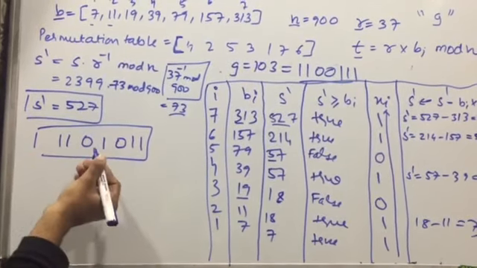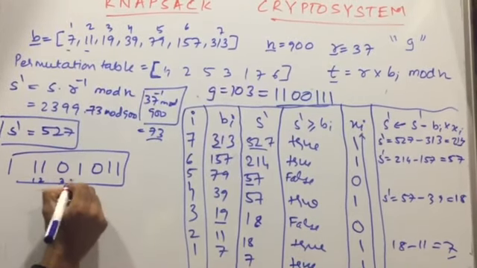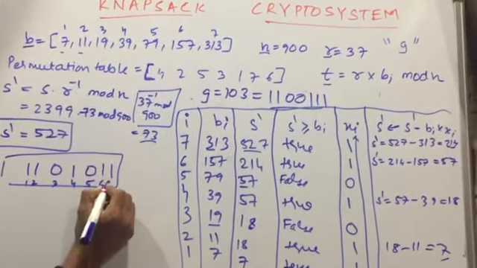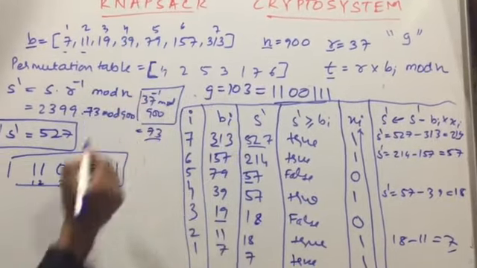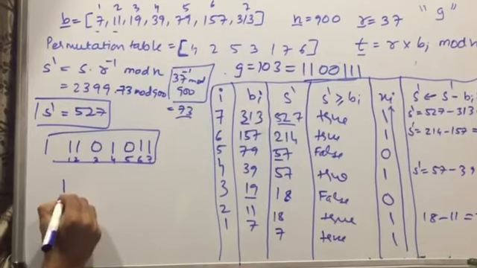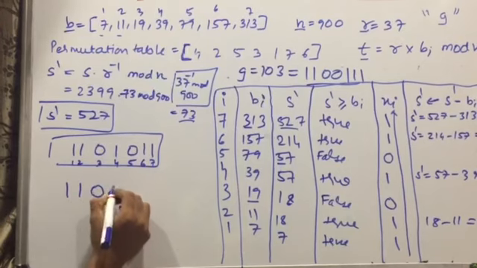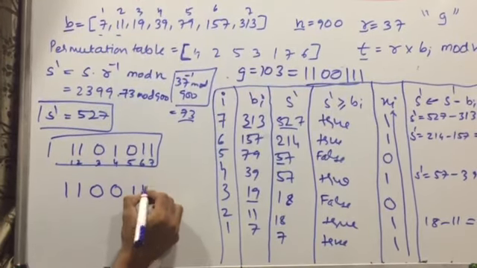Now compare this with the permutation table and give the numbers over here 1 2 3 4 5 6 7. So now compare this with the permutation table and write over here. So it will be 1 1 0 0 1 1 1.